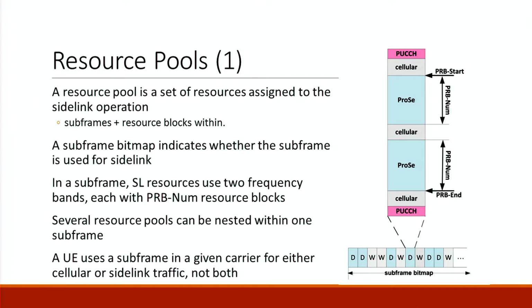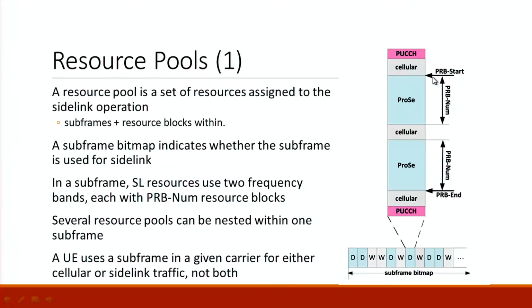The way resource pools are reserved for D2D communication is, the eNode B will tell you in the sequence of subframes which subframes can be used for D2D and which subframes can't be used for D2D.